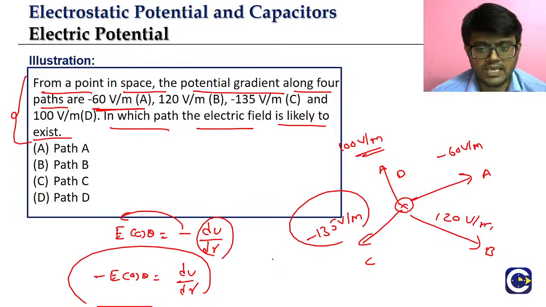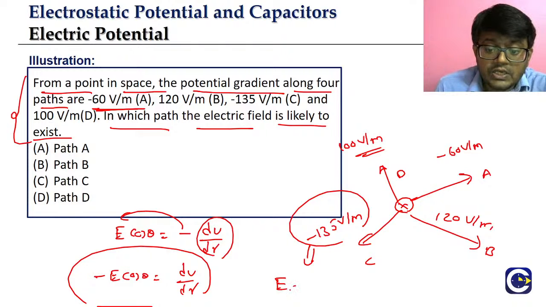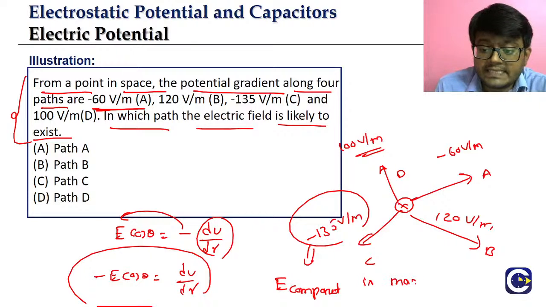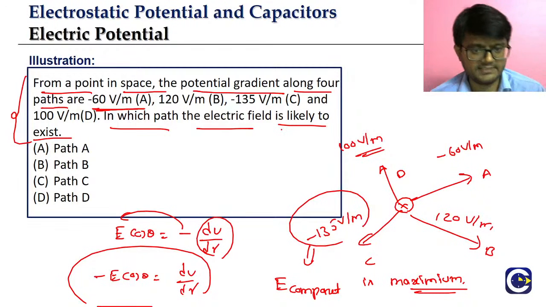So in path C we can clearly say the component of the electric field is maximum, because in whichever direction the potential gradient is more negative, the component of the electric field will be maximum. But here they are not asking that. They are asking in which path the electric field is likely to exist.